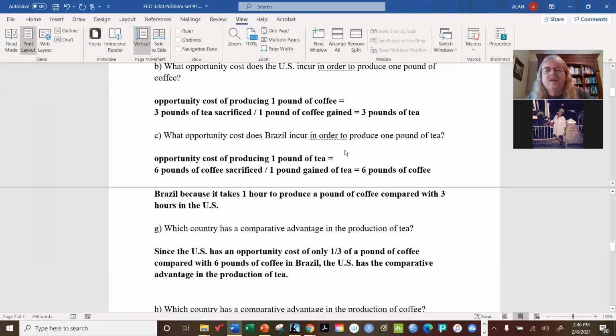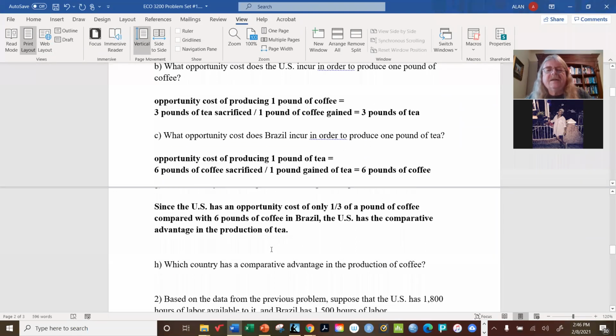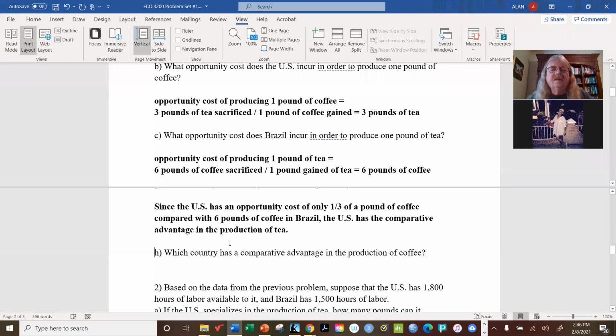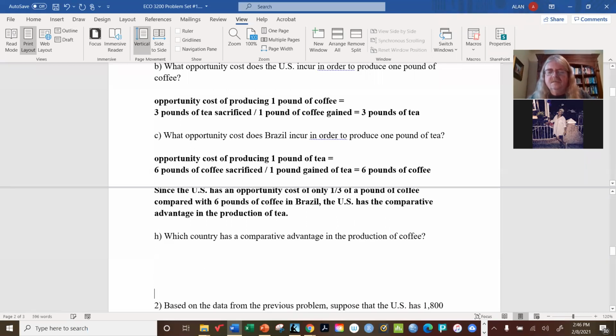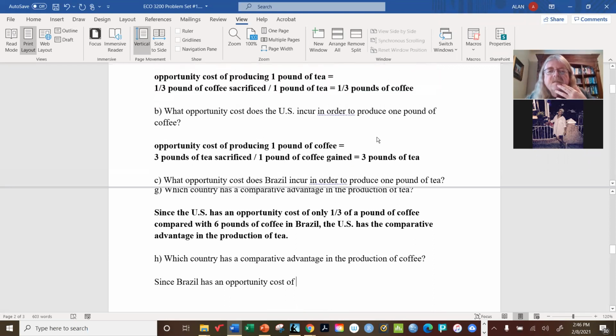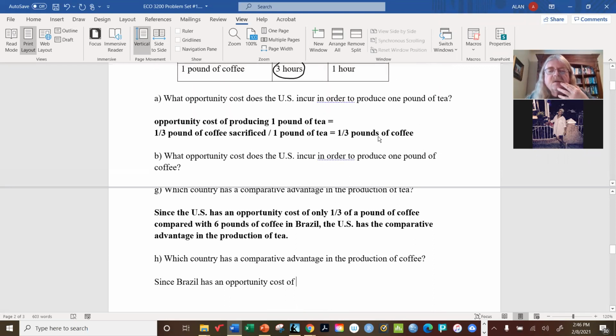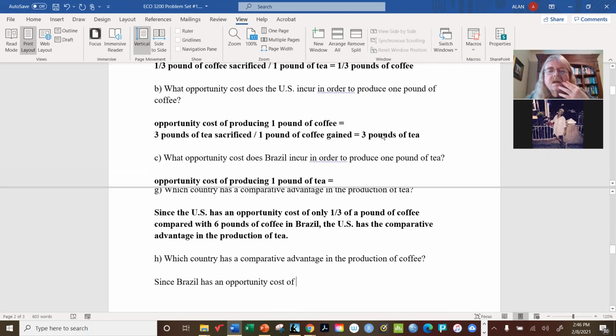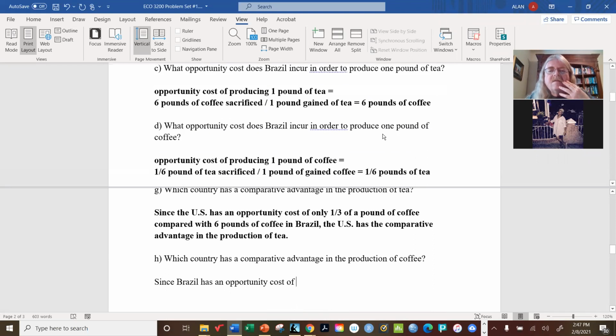Okay, now with the coffee, so here we say that since Brazil has an opportunity cost of, so for them, making coffee has an opportunity cost of 1/6 of a pound of tea.